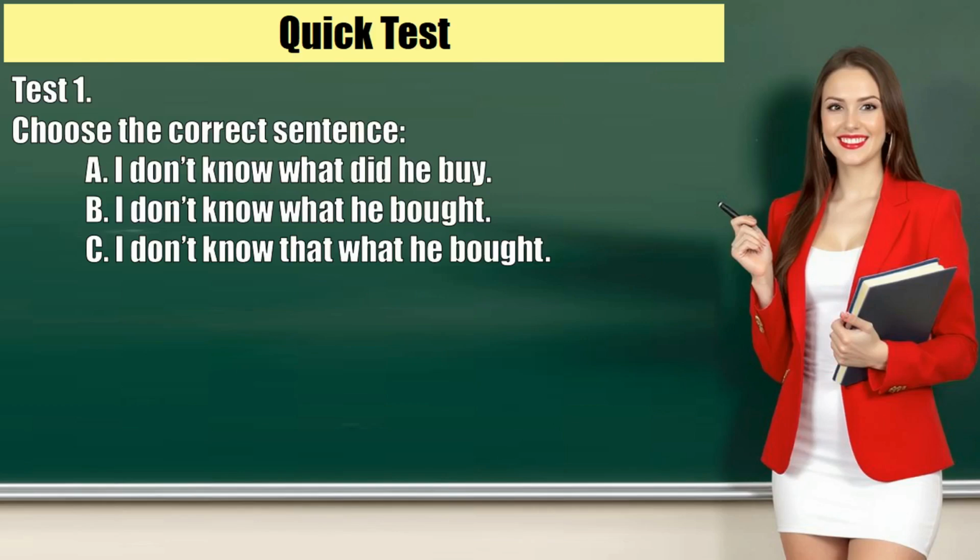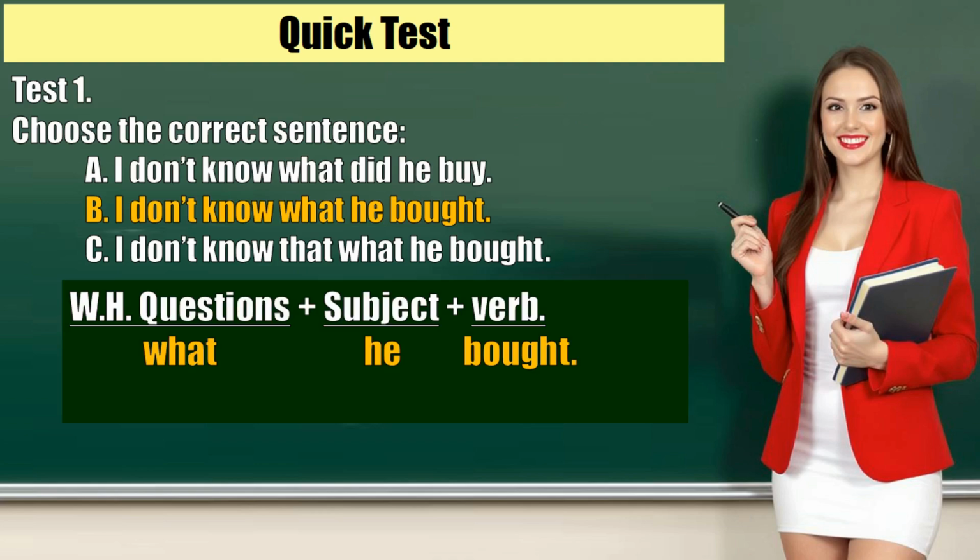Multiple choice test 1. Choose the correct sentence. A. I don't know. What did he buy? B. I don't know what he bought. C. I don't know that what he bought. The correct answer is B. Why?